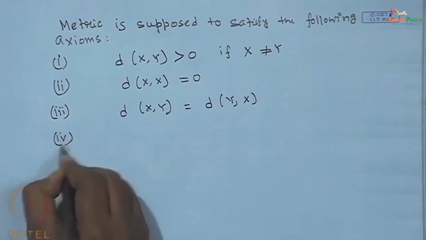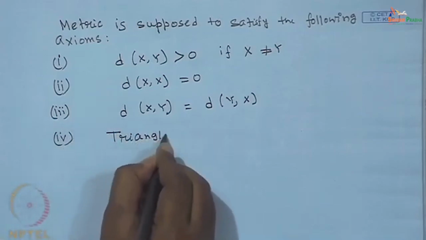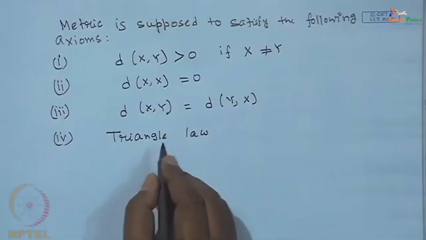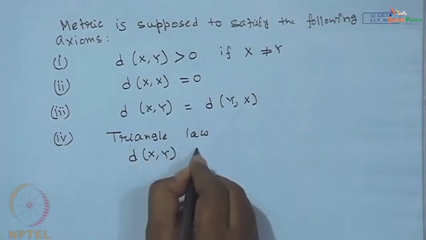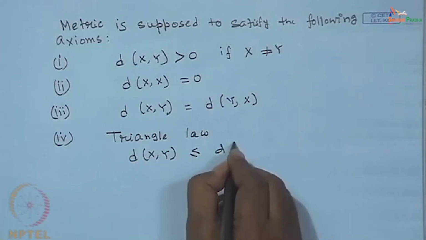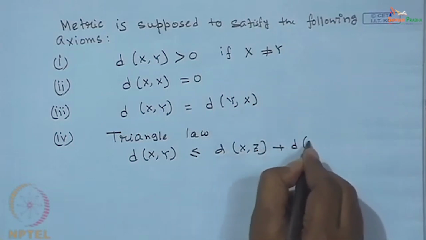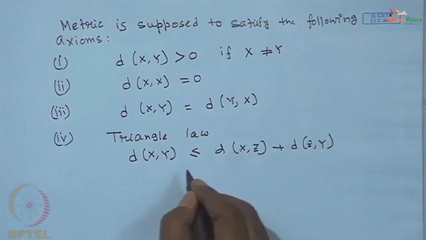The fourth will be basically the triangle law. The triangle law is that the sum of two sides of a triangle is always greater than or equal to the other side. So, metric between x and y will be less than or equal to metric between x and z plus metric between z and y.